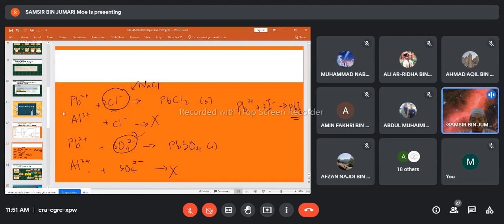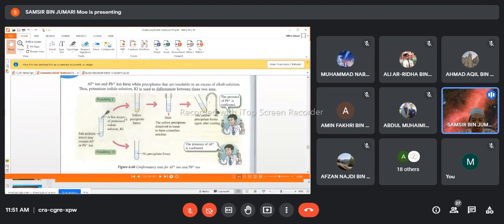Sama macam tadi juga. Yang tadi kita gunakan sodium sulfate replaced the potassium iodide solution kat sini. So lead(II) sulfate will be formed as a white precipitate, whereas with aluminium ion there will be no precipitate. Jadi kita boleh bezakan antara aluminium ion dengan lead(II) ion.